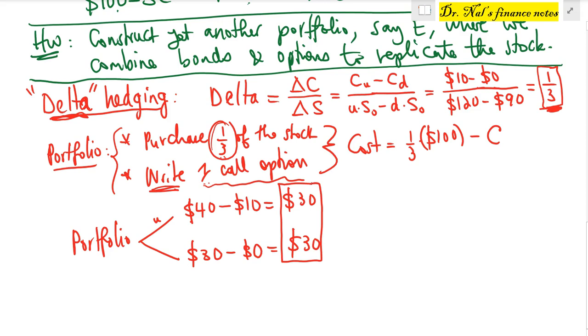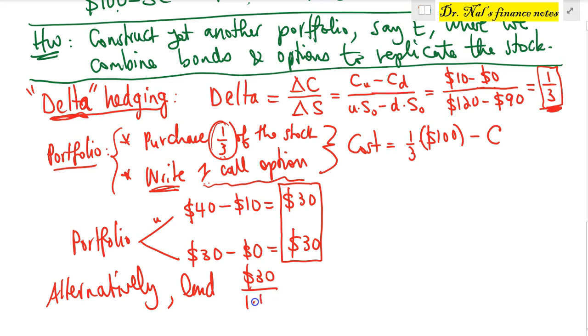So alternatively, we could have created this portfolio simply by lending money, right? Well, how much do we want to lend? We want to lend $30 divided by 1.10, and that would have been $27.27. And as a result, a year later, we would get exactly $30 after compounding of interest. And now we are ready to compare these two.